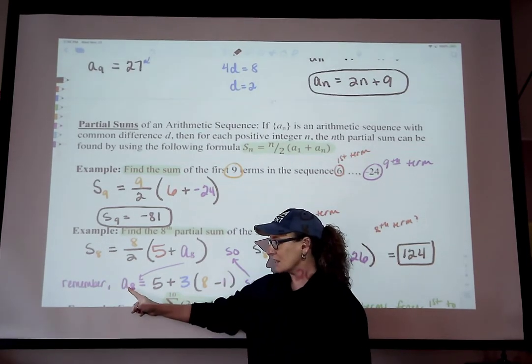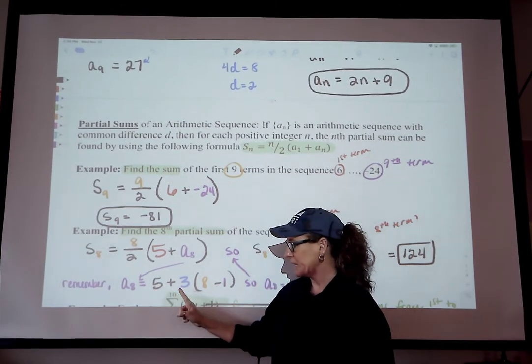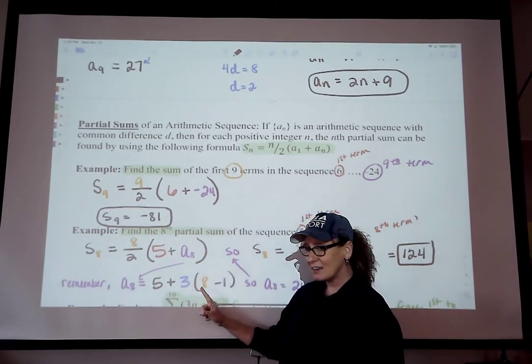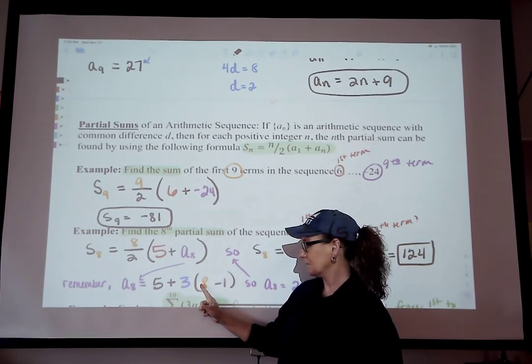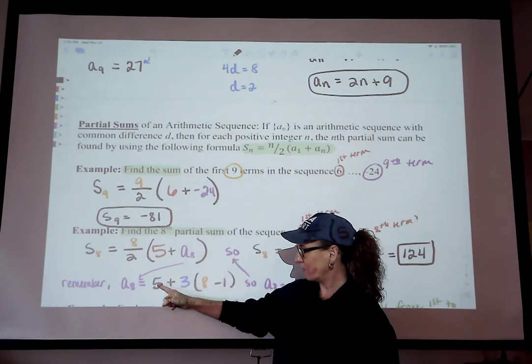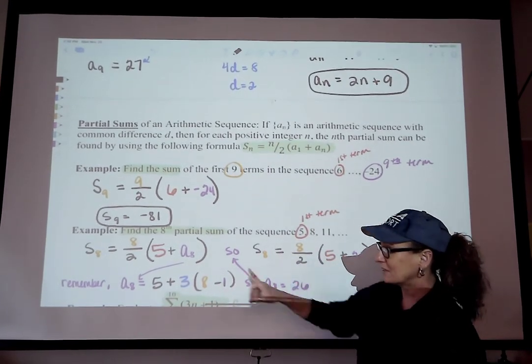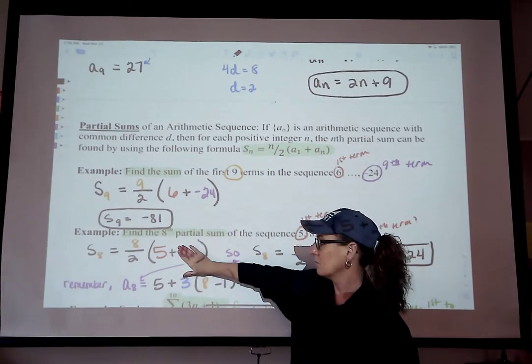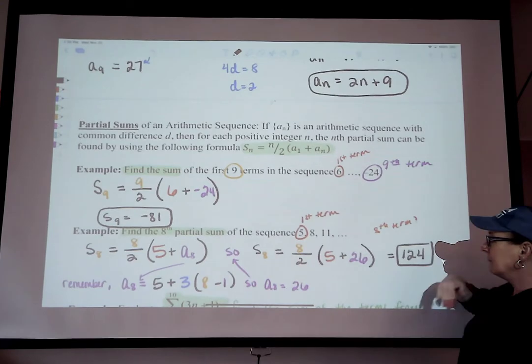If we want the 8th term, we take our first term, d. What's n? 8. 8 is the number of the term that I want. So 5 plus 3 times 7, my 8th term is 26. That needs to be a 26 right there. So I rewrote the formula: first term, 8th term, answer.